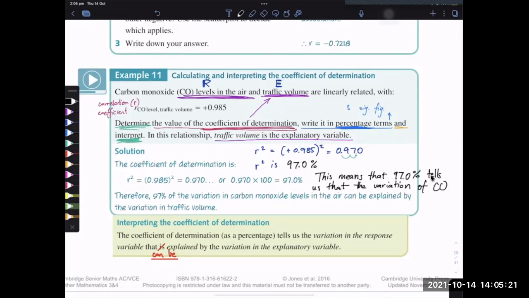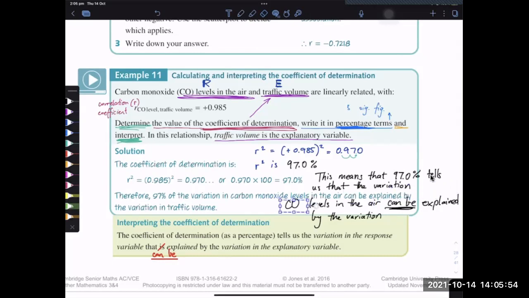That the variation of CO2 levels in the air, remember the word, not is, but it has to be can be explained by the variation, sorry, I shouldn't write of CO2, I should say the variation in CO2 levels can be explained by the variation in traffic volume.